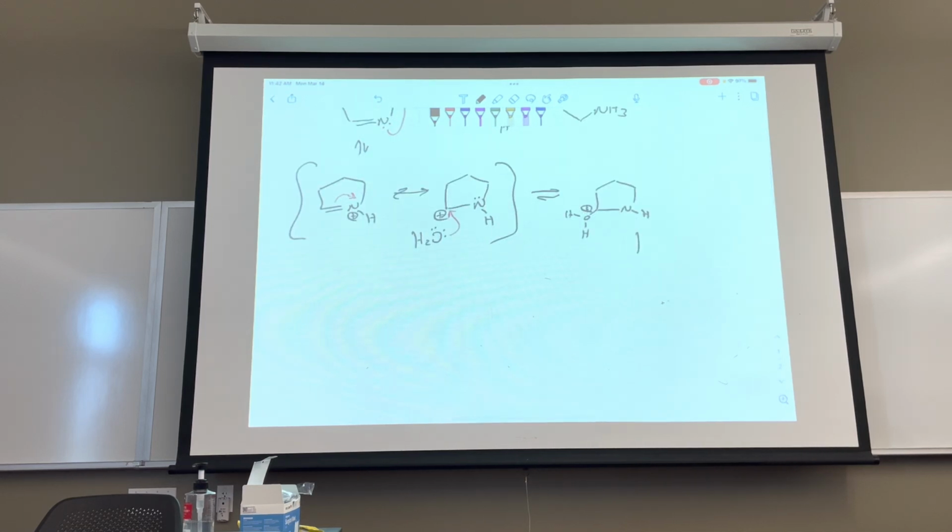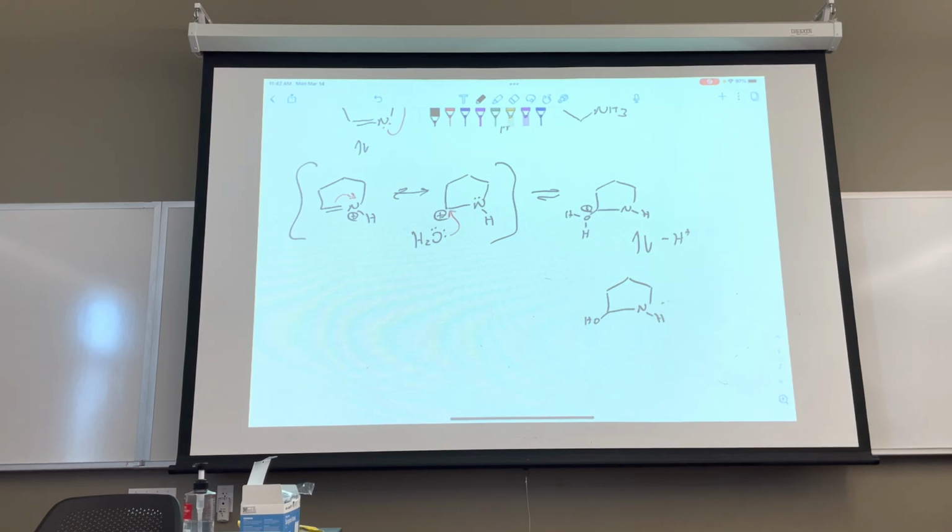All right, so what I'm going to do now is my little shortcut, because I'm a little bit lazy most of the time, and so I'm just going to write minus H plus. And that should get us to a neutral intermediate in this mechanism.